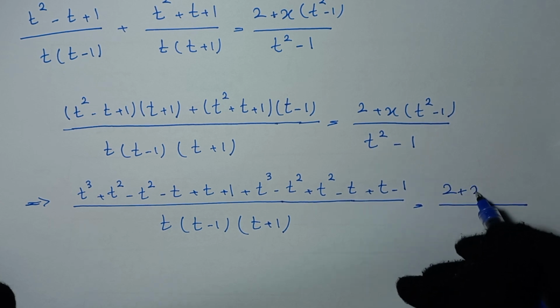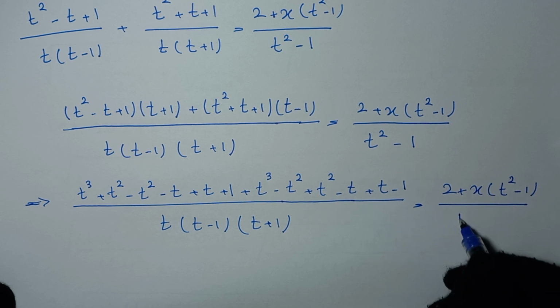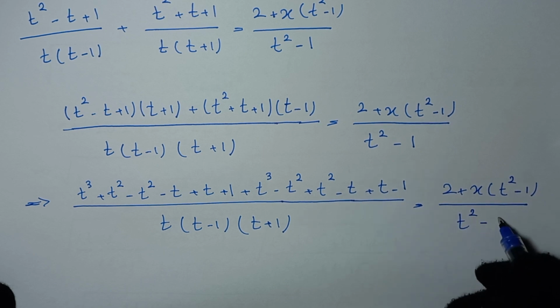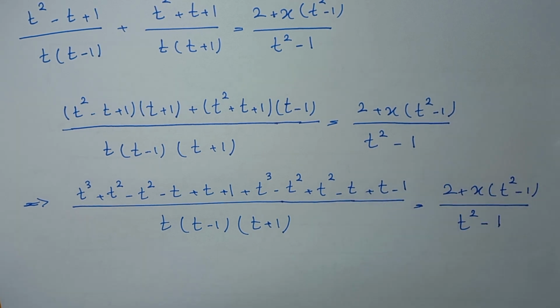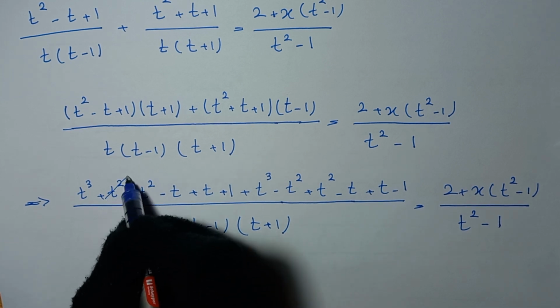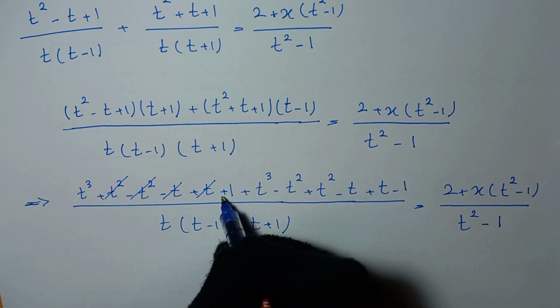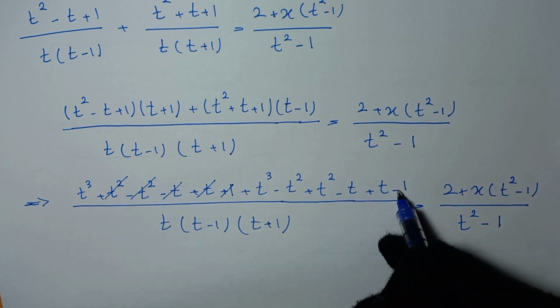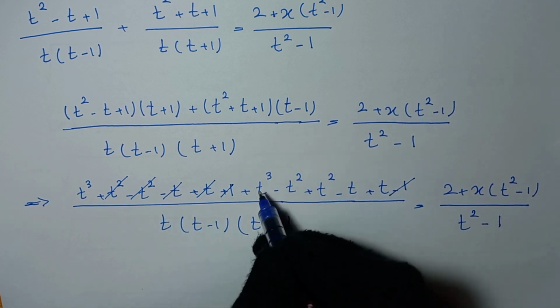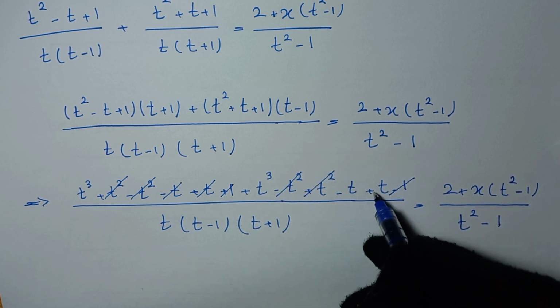2 plus x times t squared minus 1 over t squared minus 1. And in here, t squared minus t squared is 0, so this will cancel this, and this also will cancel this. 1 and minus 1 will cancel each other, and negative t squared plus t squared, it will be 0, and negative t plus t, it will be 0.